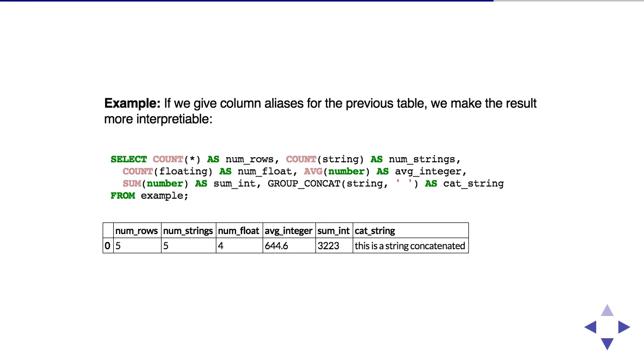You select count as whatever alias you want to name it. Same thing here: AS gives you what you want to rename it as.